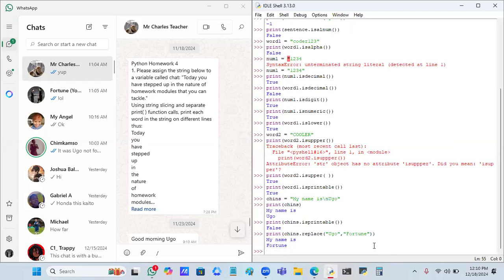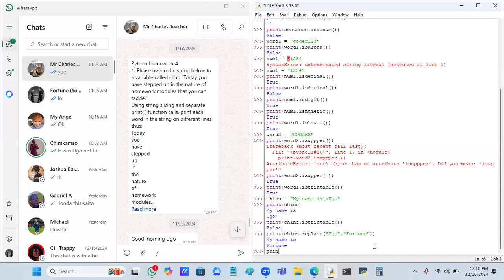Okay. Did I get over 10? Five over 10. Yes, but I have one more question for you. If you print the string, what will show? I didn't ask you to print it, but if you print it, will it be Ugo or Fortune? Ugo.